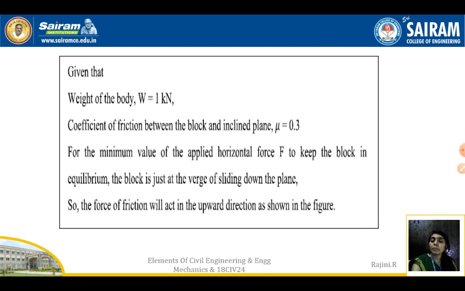Next, for the minimum value of the applied horizontal force F to keep the block in equilibrium, the block is just at the verge of sliding down the plane. So the force of friction will act in the upward direction as shown in the figure.